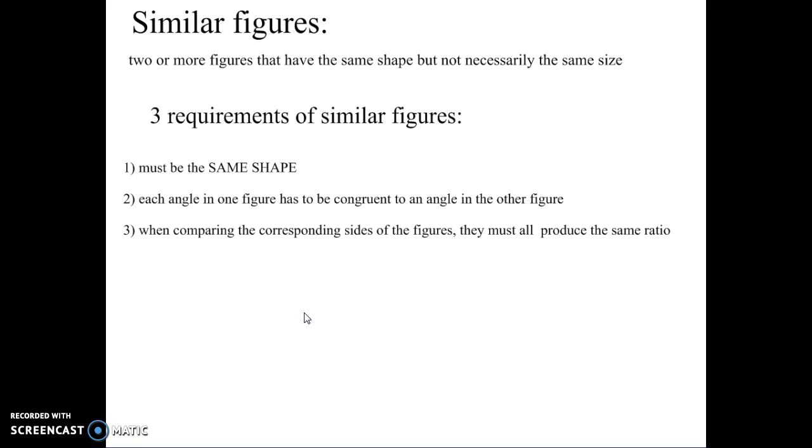And the third requirement is when you're comparing the corresponding sides, they all have to produce the same ratio. So what you would do is put one side over its corresponding side and simplify. And every corresponding pair of sides that you do that for will give you the same ratio.